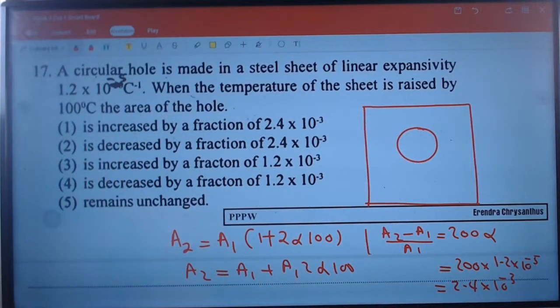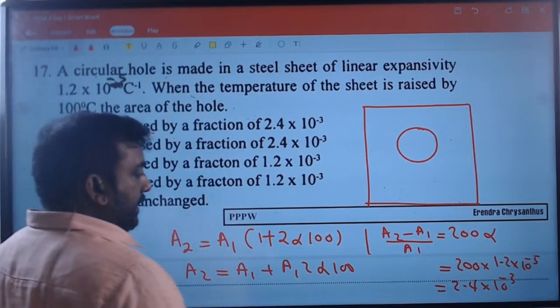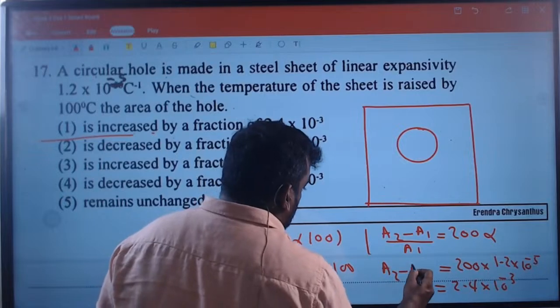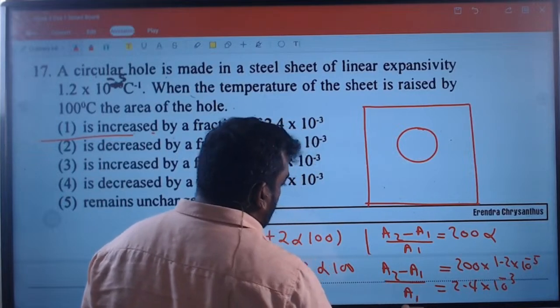Fractional increase is 2.4 times 10 to the power minus 3. Correct answer 17, answer number 1. So these are very direct, but if you want it, write it down. Fractional increase in area: A2 minus A1 divided by A1.